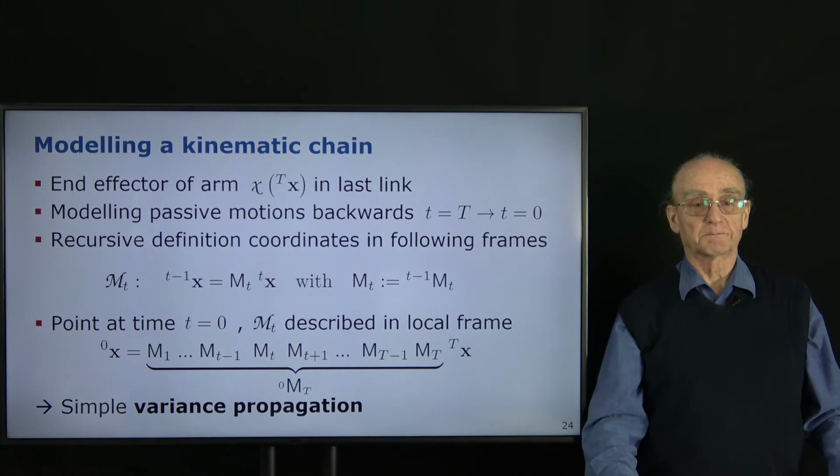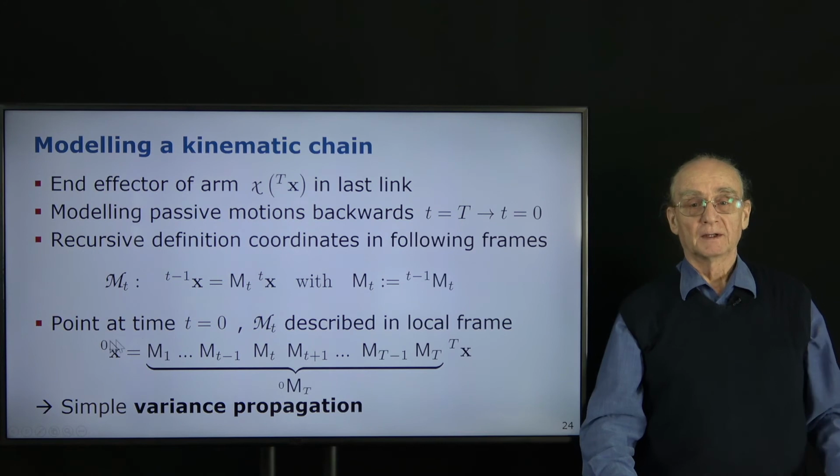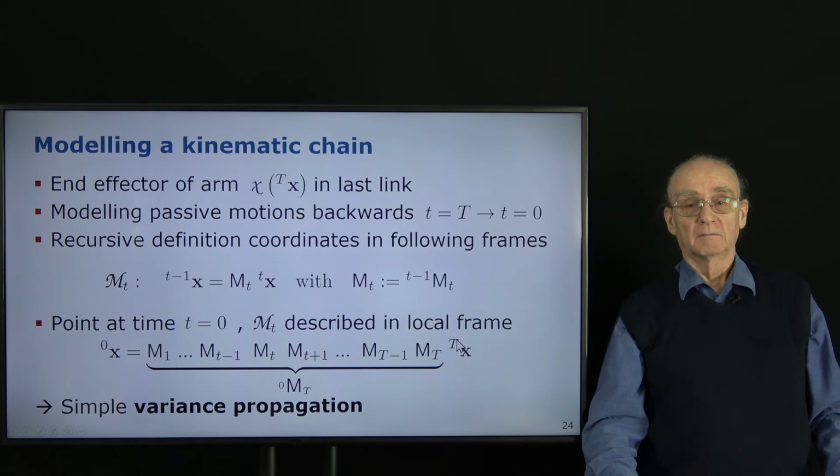longer products. So if we just want to know the coordinates of point x in frame 0, that means in the ground plane, we need to multiply the point described in the last frame from the left with M_T, M_{T-1}, etc. until M_1. So we could also take the product and get the motion from capital T to 0.